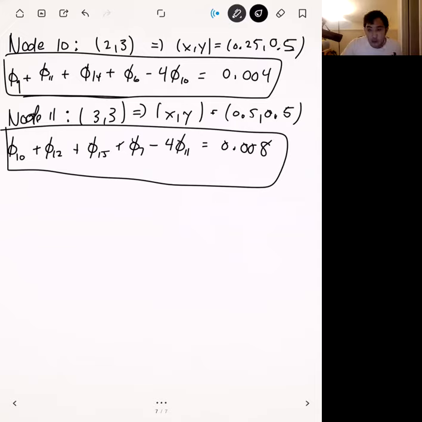Those are for all the interior nodes. But we still have 8 more to go because the problem is not complete until we find all the algebraic equations for all the nodes in the grid. So let's do the other 8 nodes now. Since all the other 8 nodes are on the boundary, their equations are going to be governed by the boundary conditions.